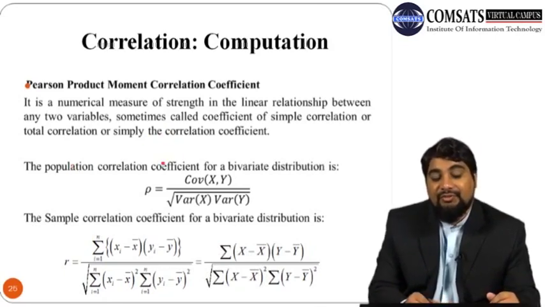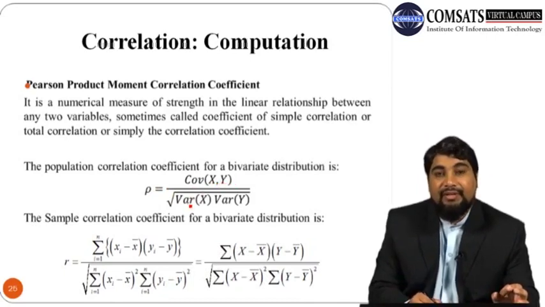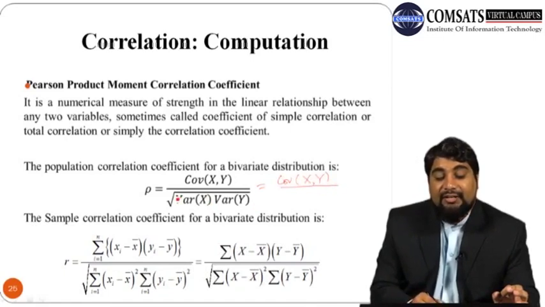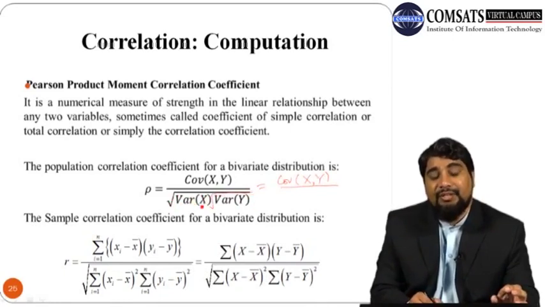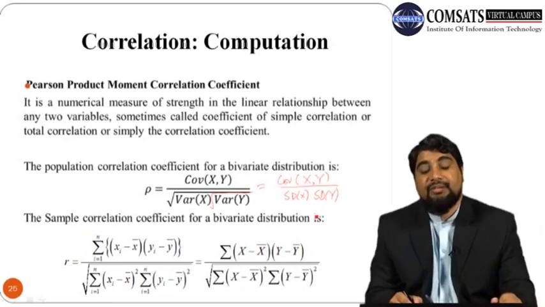The population correlation coefficient for a bivariate distribution is denoted by rho. It is equal to the covariance between two random variables x, y divided by the square root of variance x times variance y. We can write it as covariance between x and y divided by, if we separate the square root for each of these variances, the square root of variance of x, which is the standard deviation of x, and similarly the square root of variance of y, which is the standard deviation of y.